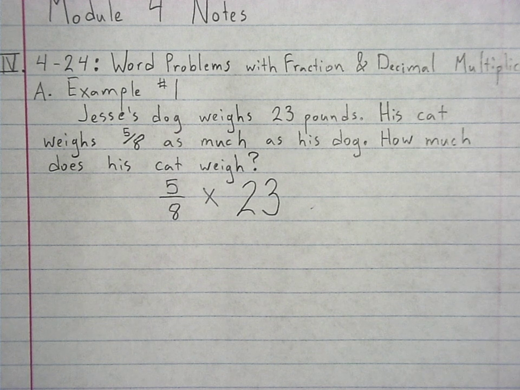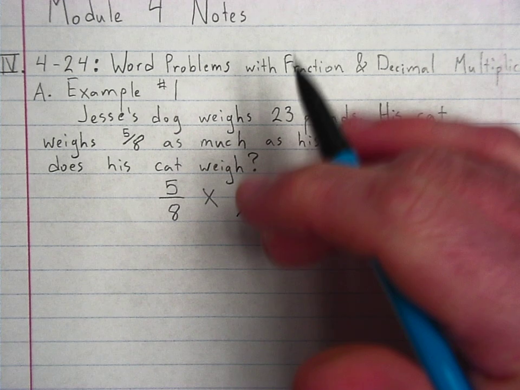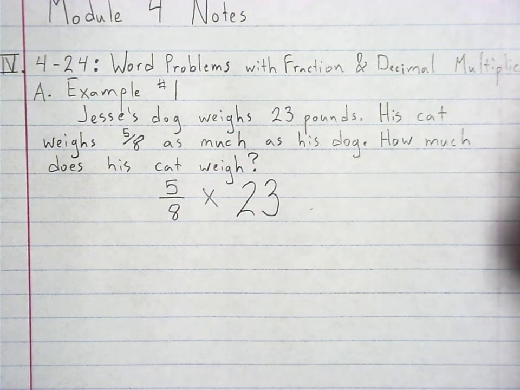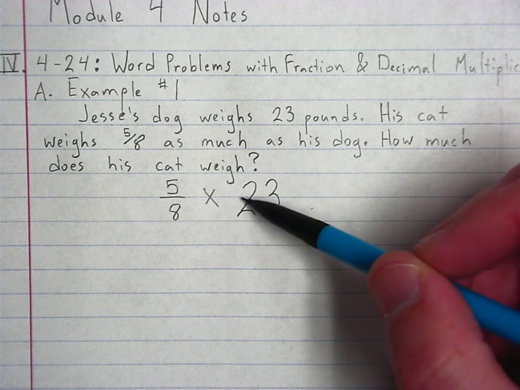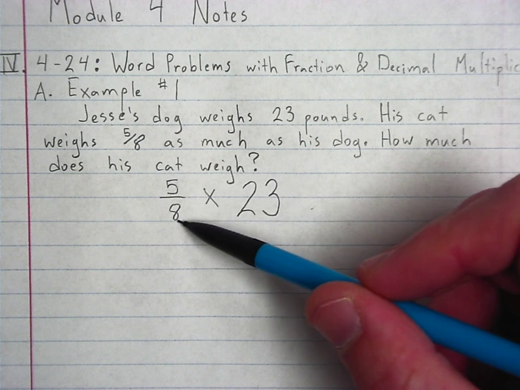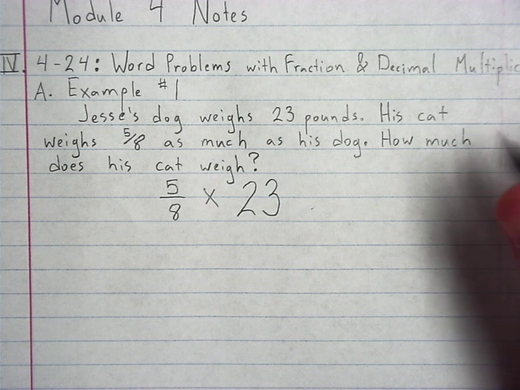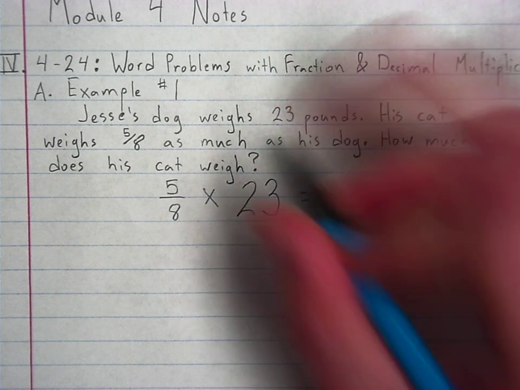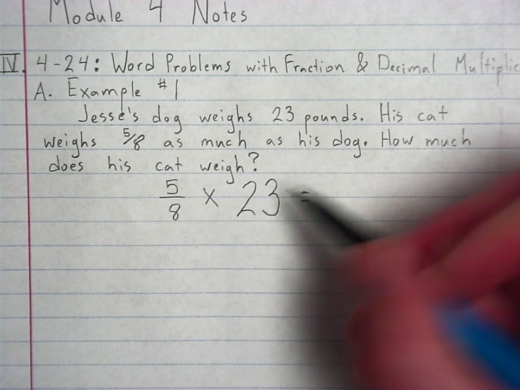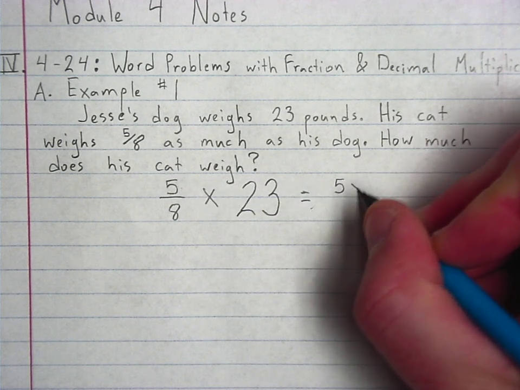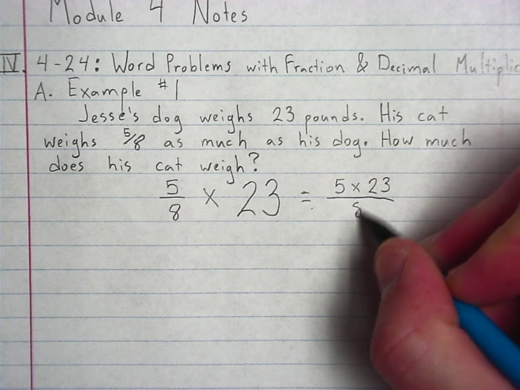Now to multiply this, we have a few options. We can rewrite it as an improper fraction, I should say, and multiply across. Normally I'd say you could even try to do some division, whole number divided by denominator, but 23 divided by 8 will not work evenly. So I think our best bet here is to just multiply numerator times whole number, and we'll put that all over the original denominator.